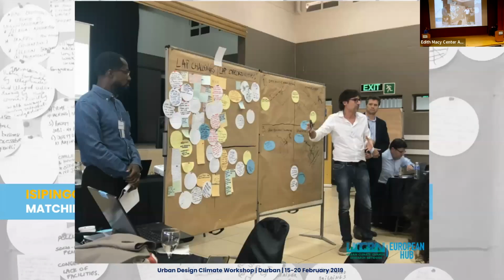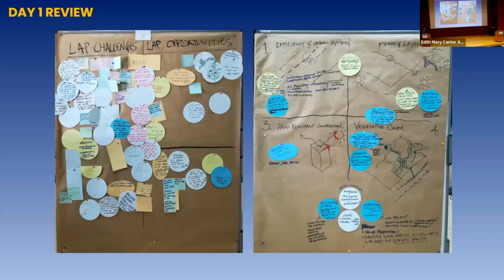What we did is, if you look on this left, we asked everyone in the room, which included the folks in the transit camp, but business owners, city officials, what are the challenges for the city of Durban, or this district in Durban called Isipingo, and what are opportunities? And then we mapped those challenges and opportunities. You know, this is just high level. This has nothing to do with climate science.